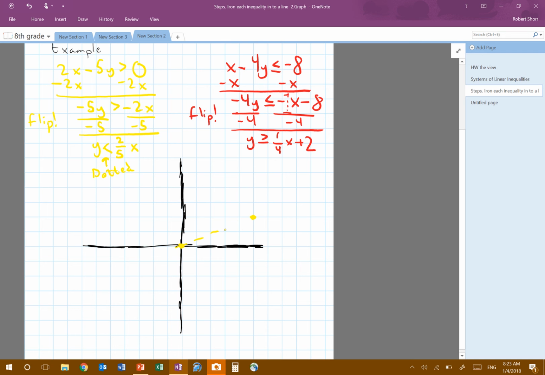So that is our line there, and it is less than, so we want to shade below.